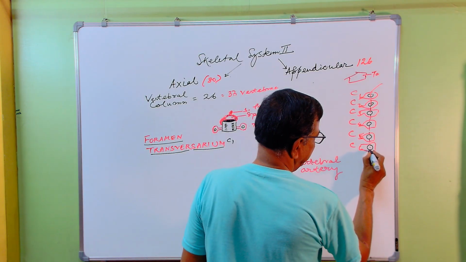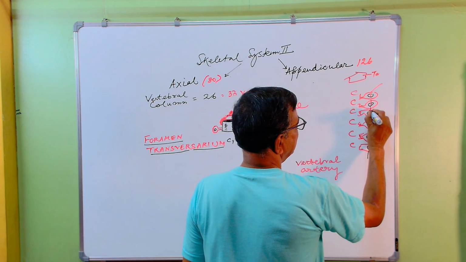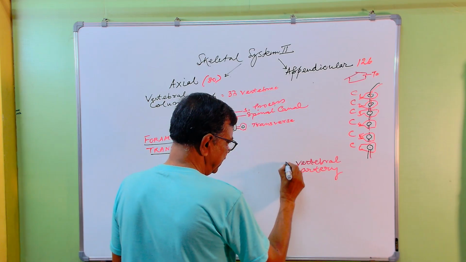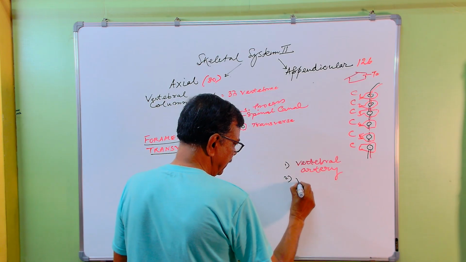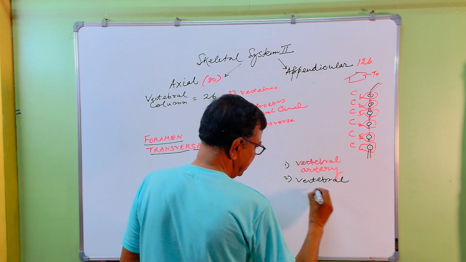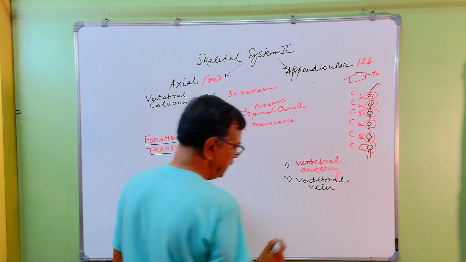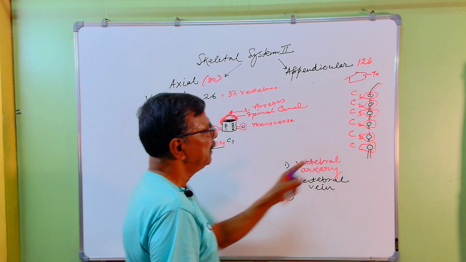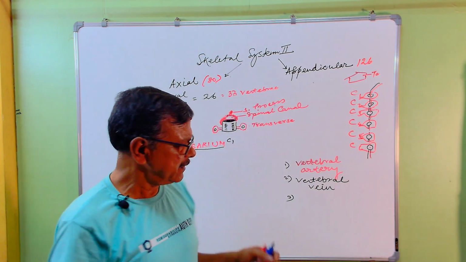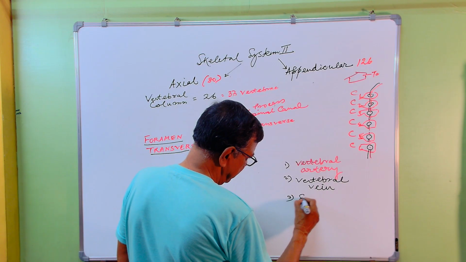So it contains the vertebral artery, vertebral veins, and through the hole pass the sympathetic nerves.